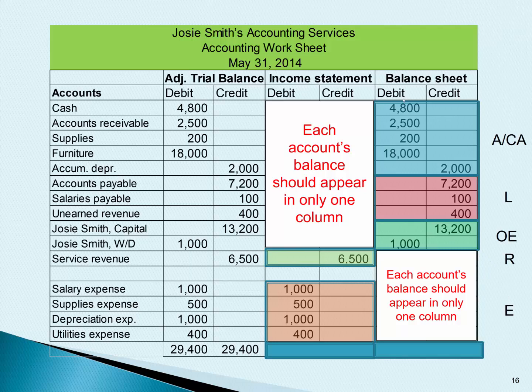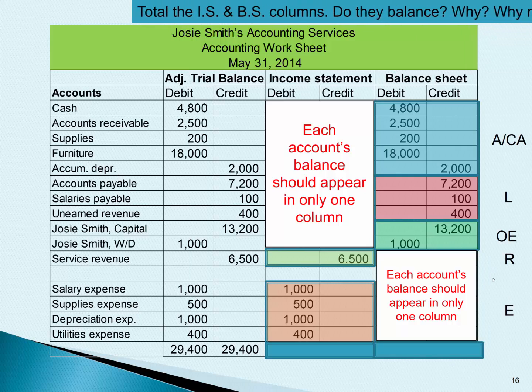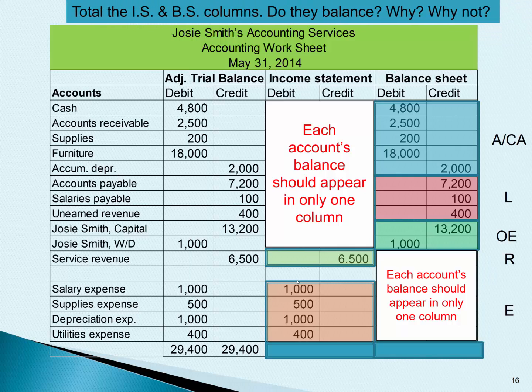And you figure that out by knowing the formula for the income statement, revenue minus expense. And then you need to know the formula for the balance sheet, asset, liability, and then the equity. And then we're going to total the income statement columns, debits, total debits, place it here, total credits, $6,500, place it here, and then do the same thing for the balance sheet.